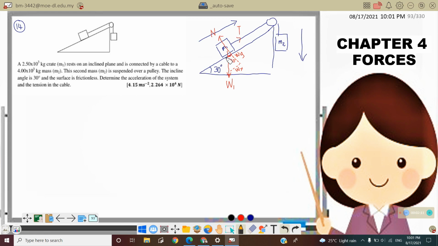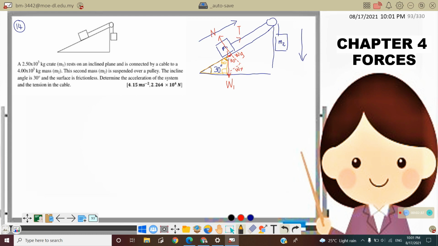Because this is a triangle, and we know that if this is 30 degrees and here is 90 degrees, this part will be 60 degrees. Because this is a perpendicular, a right angle of 90 degrees, here will be 30 degrees.